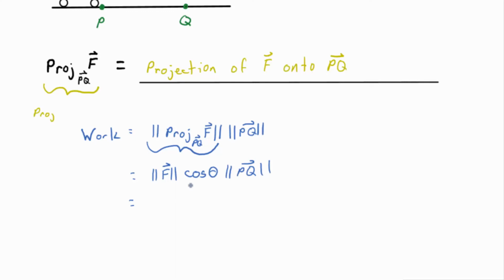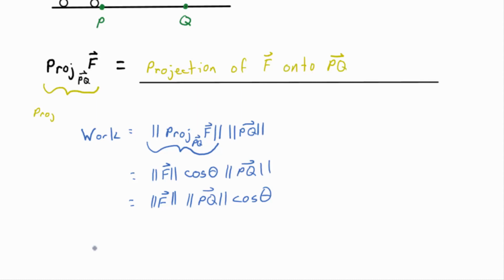So I'm going to rearrange the multiplication and make it magnitude F, magnitude PQ, times the cosine of theta. That's just the commutative property of multiplication. And that's a formula you can use if you know the angle that the handle of the wagon is at, or whatever you're using to drag the object. If you know that angle, and you know the amount of force applied, that's the magnitude of F, and you know the distance PQ that you're traveling, you can use that formula.